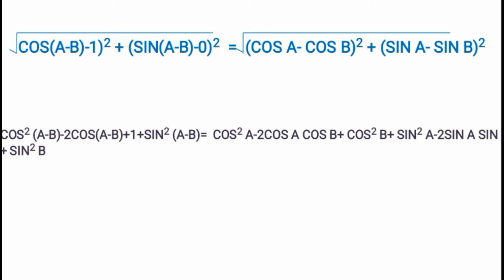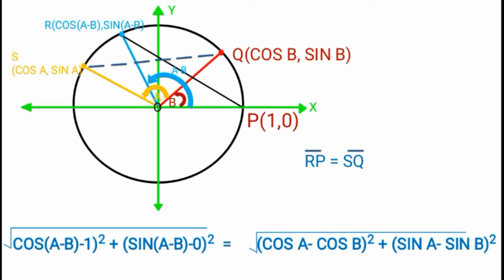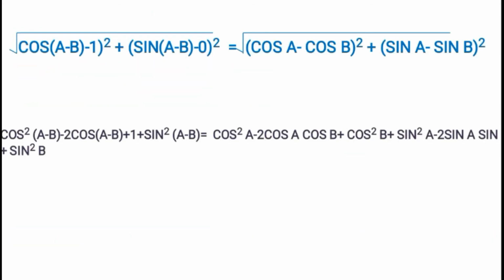So if we get to our next line, it'll look like the following. Cosine A minus B minus 1, quantity squared, goes to cosine squared of A minus B minus 2 times cosine of A minus B plus 1. So these first three terms right here come strictly from the cosine of A minus B minus 1 squared, and that's just multiplying the binomial squared.